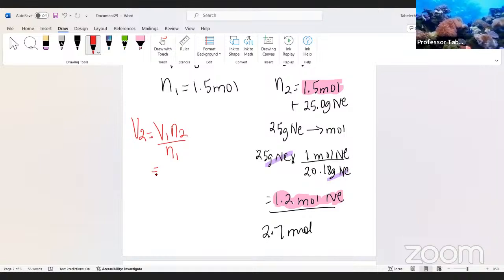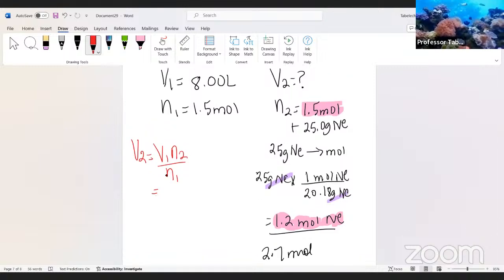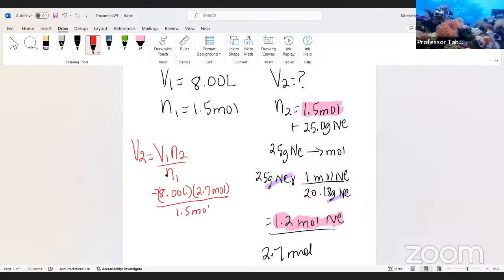So your V2 is going to equal your V1. Let's go back and look at that value so we can have that here. So that's going to equal 8.00 liters times 2.7 moles divided by 1.5 moles. Again, you're going to cross out your moles because you don't need those anymore, because you're looking for V2.